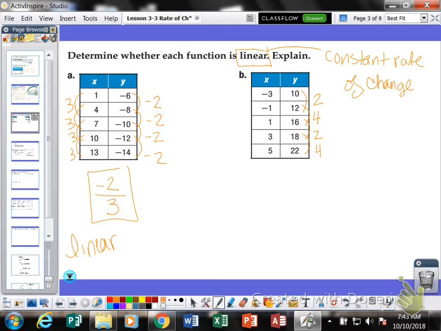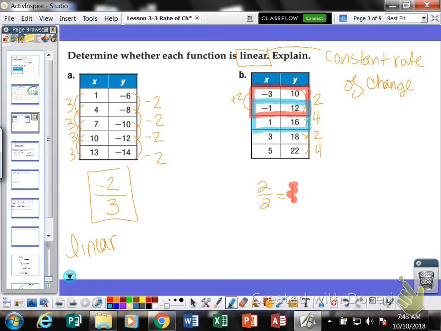So for this one, because it alternates, we kind of have to do something a little bit different. So let's see here. This is 2, and then what's the change from here to here? We're going up 2. So 2 over 2 equals 1 for that first group. And I'm going to highlight them with red. So this first group had a change of 1. So now let's look at the second group, which I will highlight in light blue. So now I want to look at the change from here, these two.